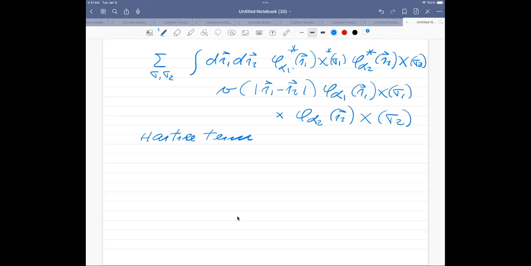And what we see now is that when we look at the spins, this part here matches this part. They have to match each other. So if this one is a (1, 0), then this one has to be a (1, 0) when I'm now summing over the spins. So sigma 1 sums over plus 1/2 and minus 1/2.